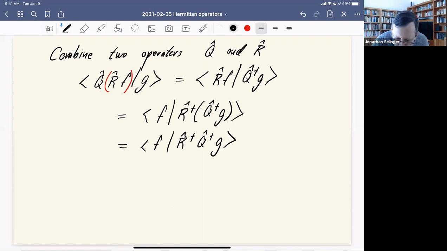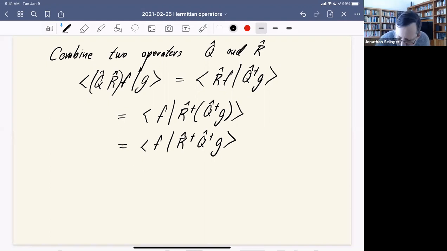That is, I could call this the same as moving QR to the other side of the inner product, and we get R dagger Q dagger.